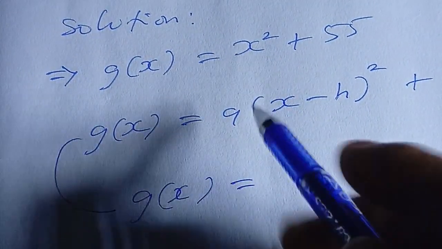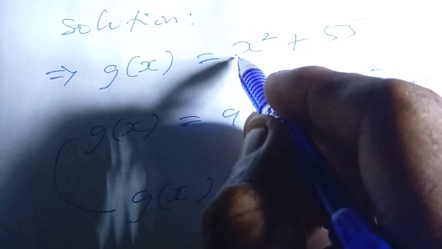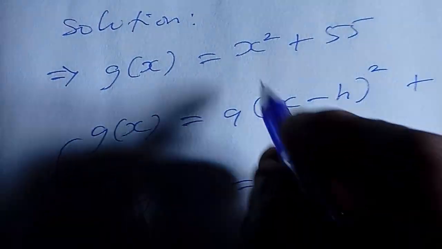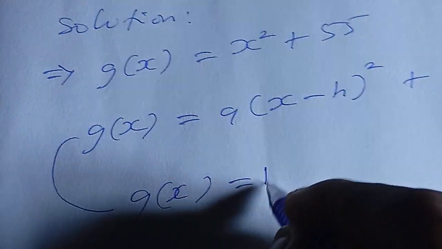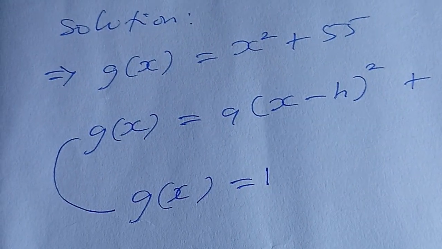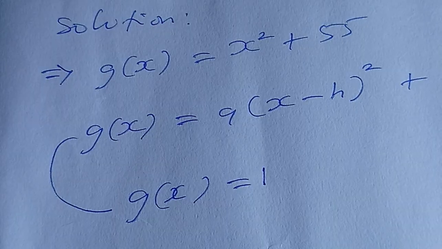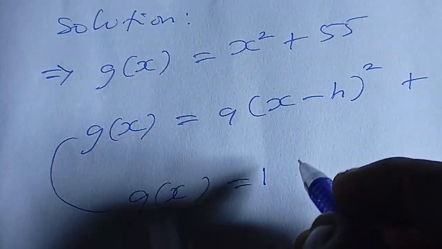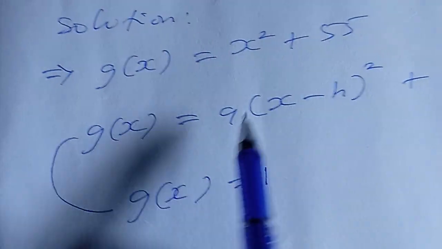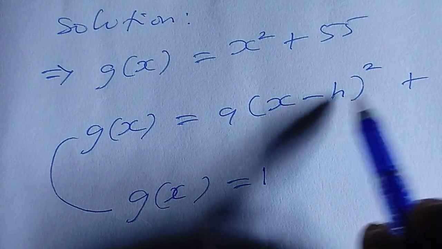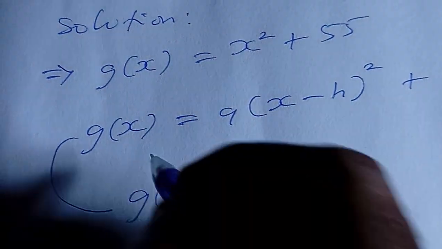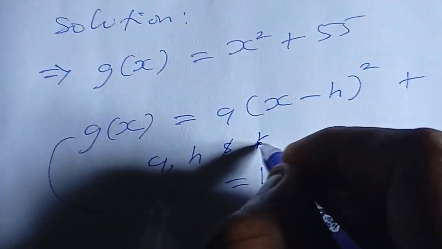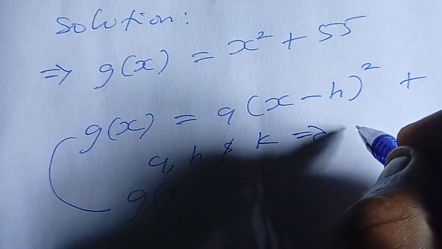A here is the coefficient of x squared, and the coefficient of x squared here is 1. Normally we don't write 1 like this, but for the purpose of this teaching, we're going to write the 1. Please note a, h, and k are all constants.